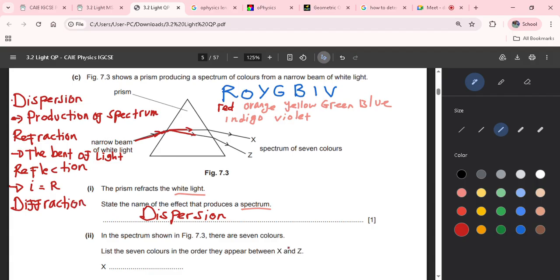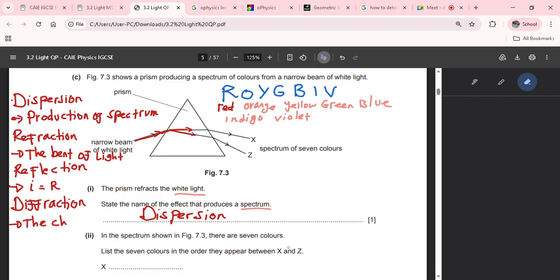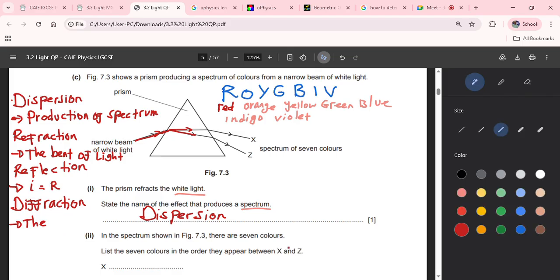Diffraction is the change of direction of light.